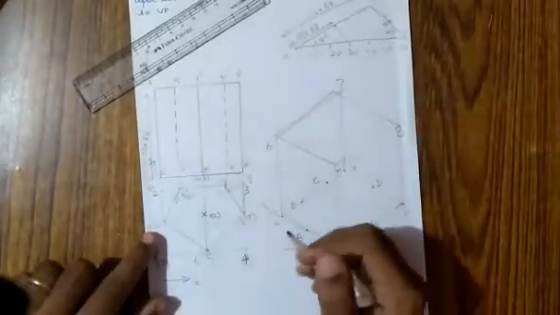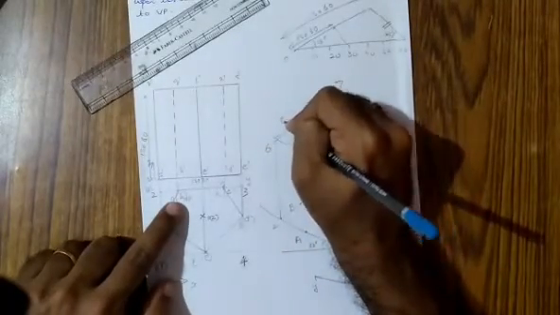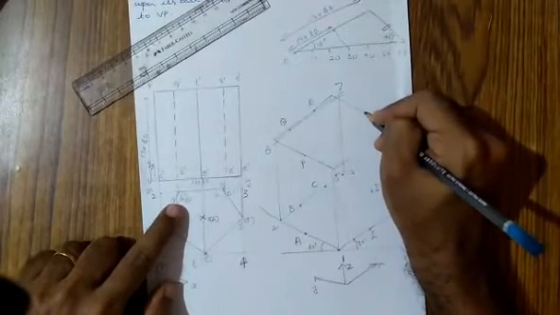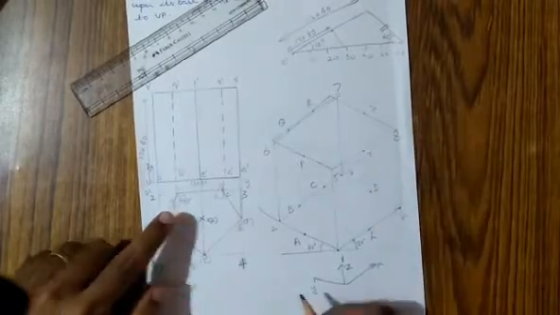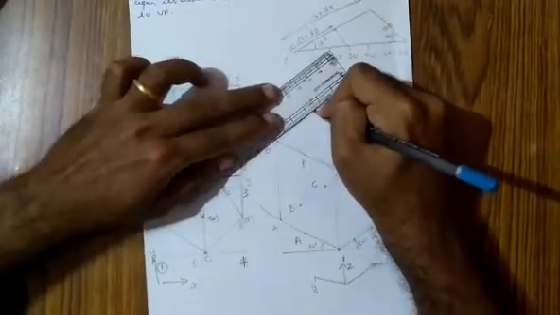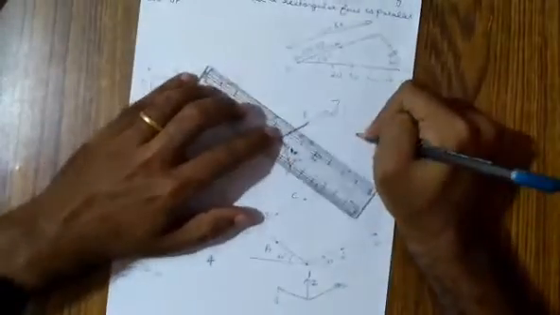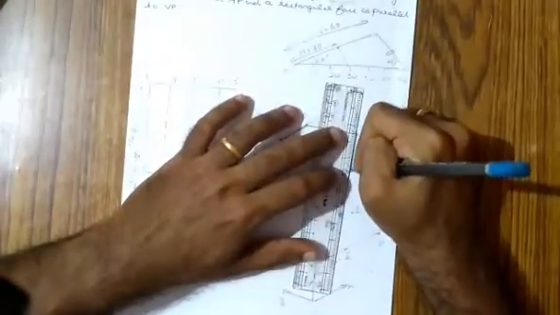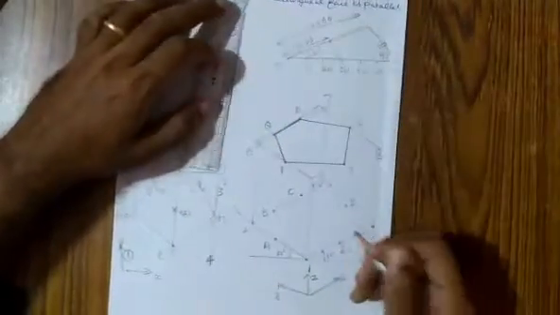So applying the same procedure, above A you will get the point P, above B you will get the point Q, above C you will get the point R, above D you will get the point S, and above E, you will get the point T. You join the 5 points, so the top base is anyway going to be visible in your view. So the top base has been drawn.